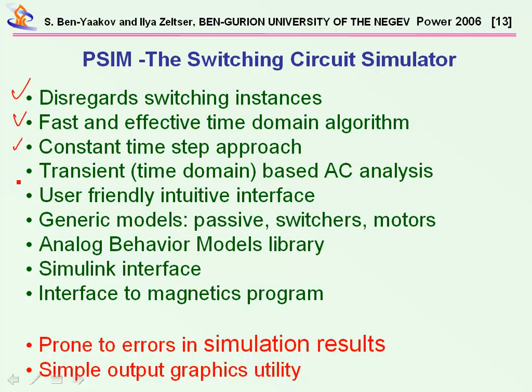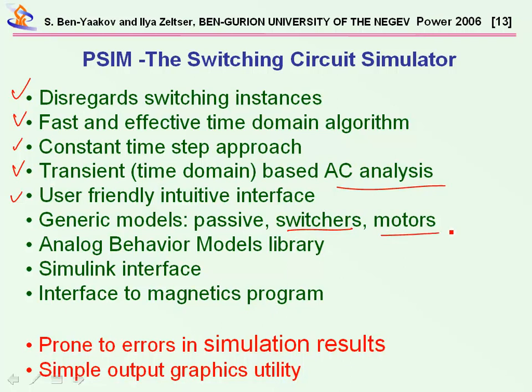It is capable of doing AC analysis, but this will be by actually injecting a small signal in the time domain and looking at the ratio between output and input in the time domain. So therefore, it will take a long time. We'll talk about it in a few minutes. And then it has very nice interfaces, has many generic models of passive switches and other elements like motors.